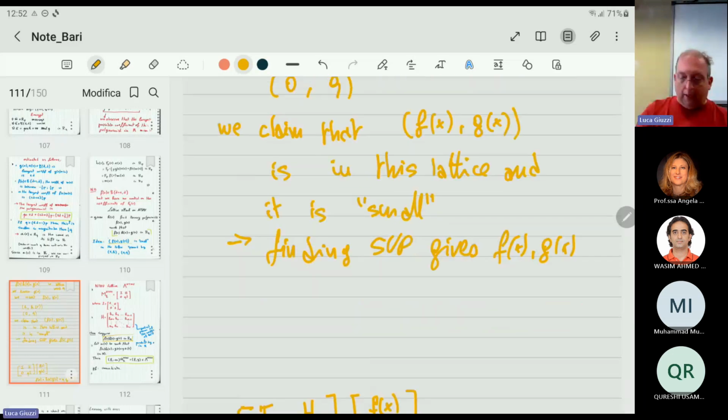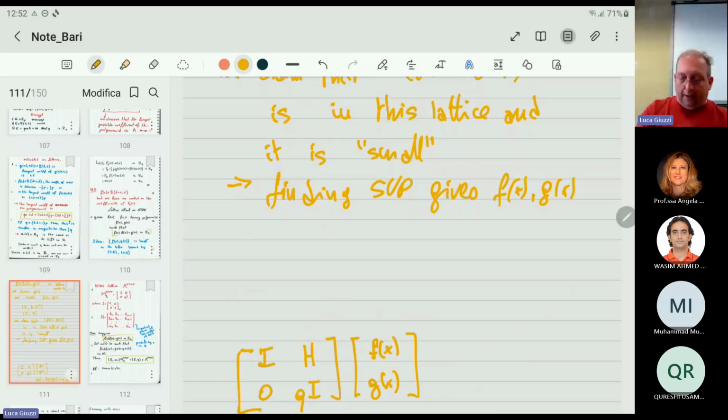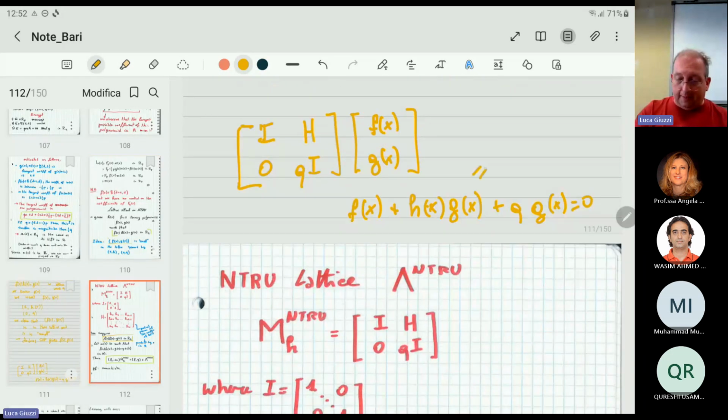So what we have is that f(x) equals minus h(x) g(x) mod q. From this condition here, this row-first matrix product, we have q g(x).